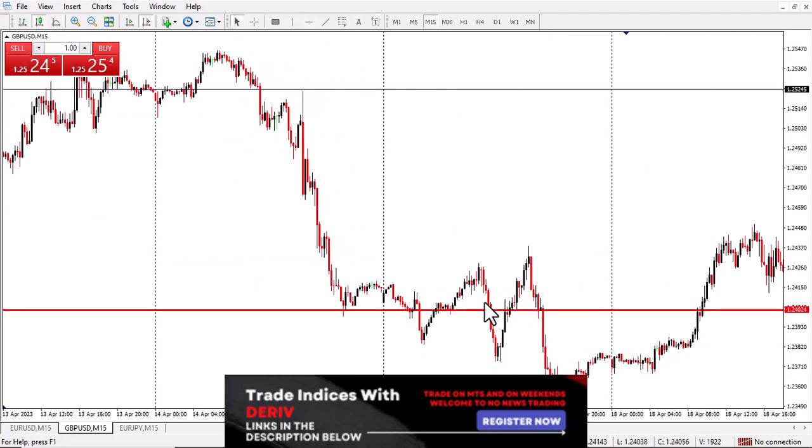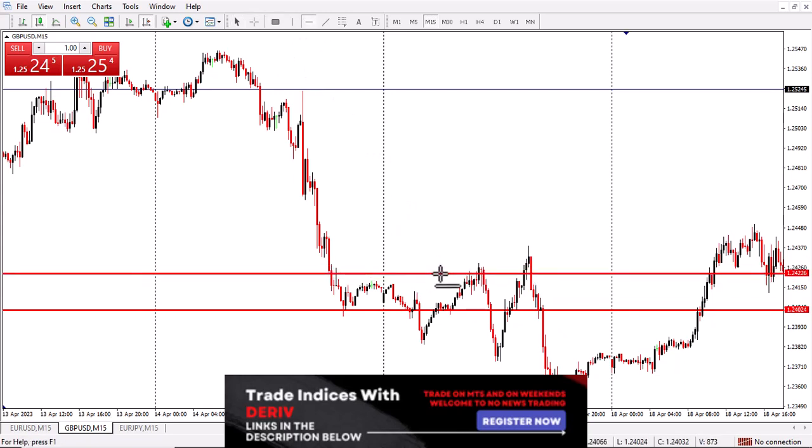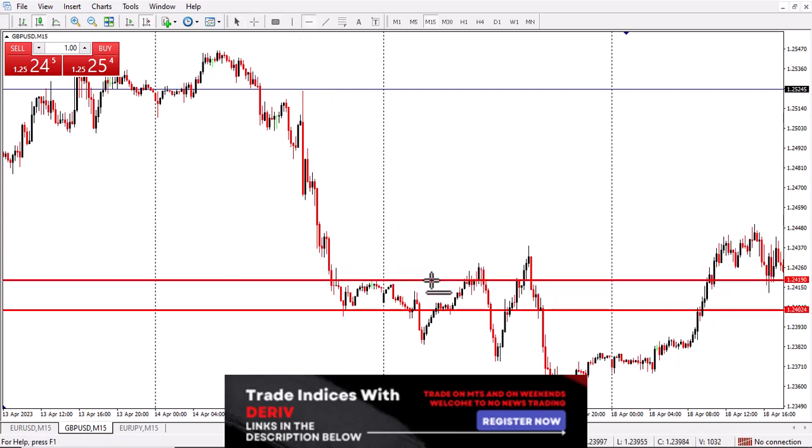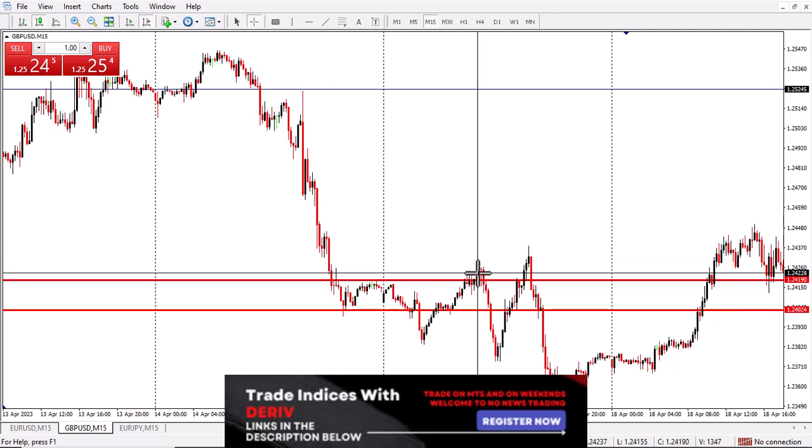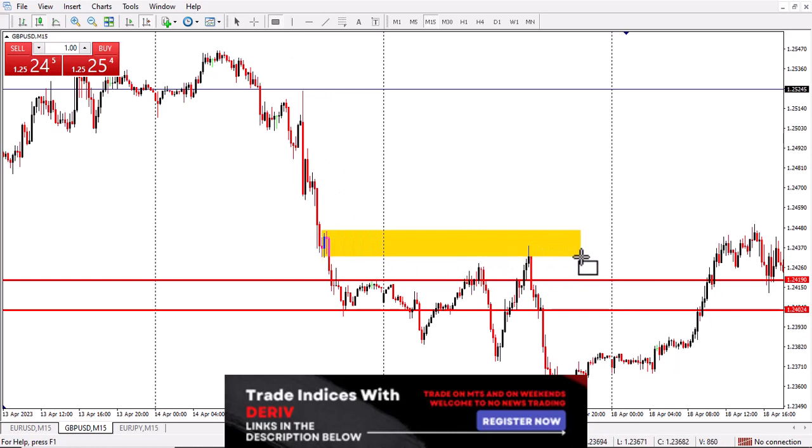So we have this accumulation right here, that is Asia, right? Let's see the time that price did that. So this was 9:45, this was London open, which means we had this order block right here. So we have accumulation, then price breaks, comes back, breaks again to retest that particular order block, and this is manipulation, and this is distribution.